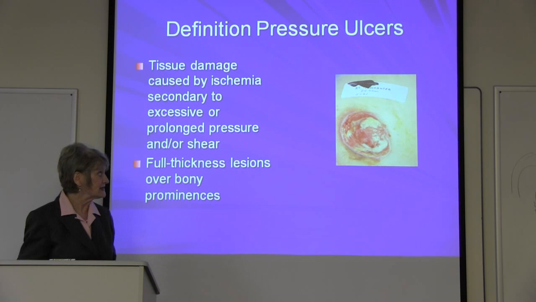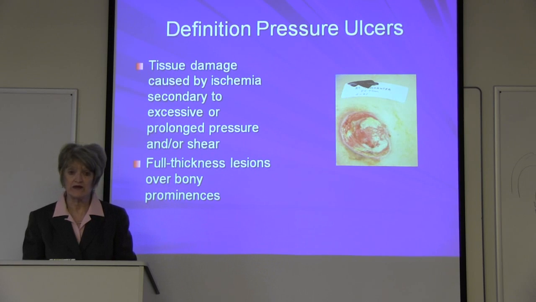The characteristics, as you see here, you have depth, so there's clear-cut crater formation. Full thickness wounds are going to be greater than 0.2 centimeters in depth, and frequently much greater in depth. Very common to see evidence of tissue necrosis because this is an ischemic pathology.